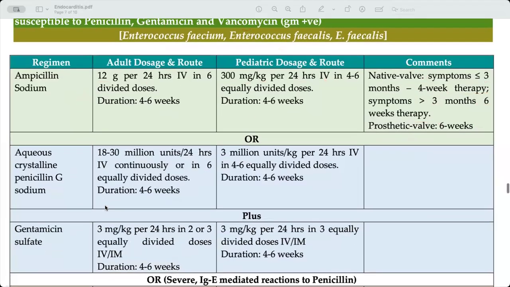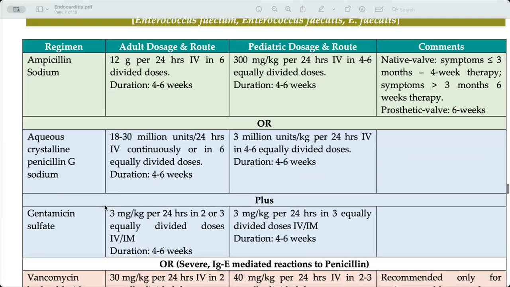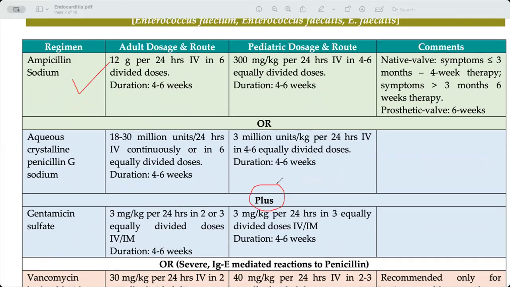Then we need to add, plus, the first drug is ampicillin. Then we need to add here gentamicin sulfate.